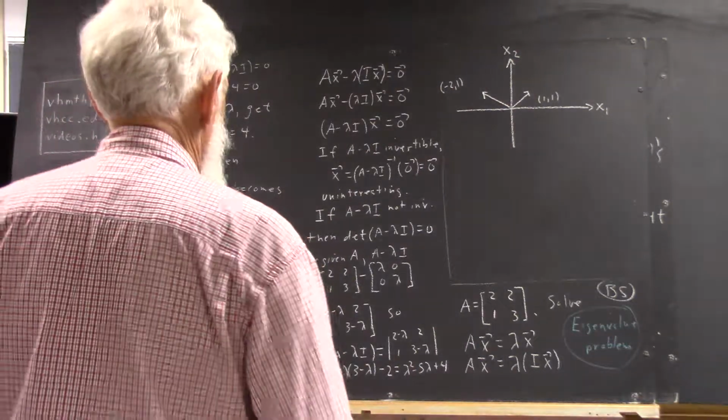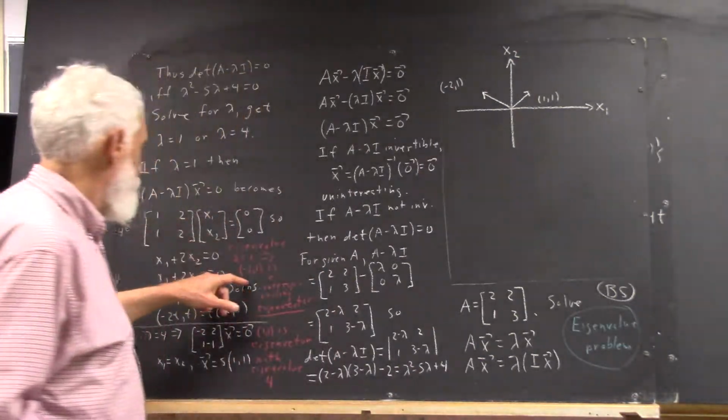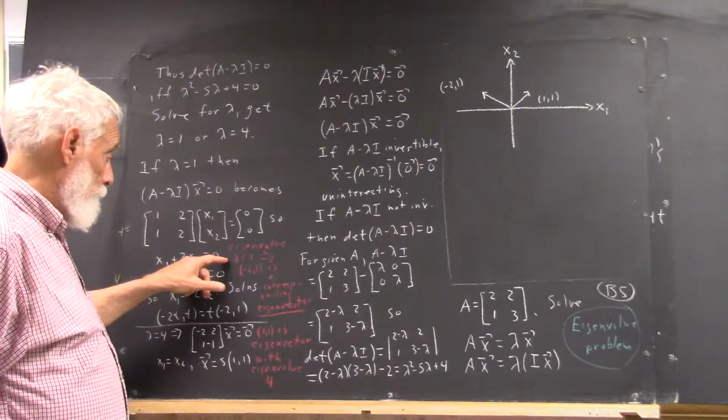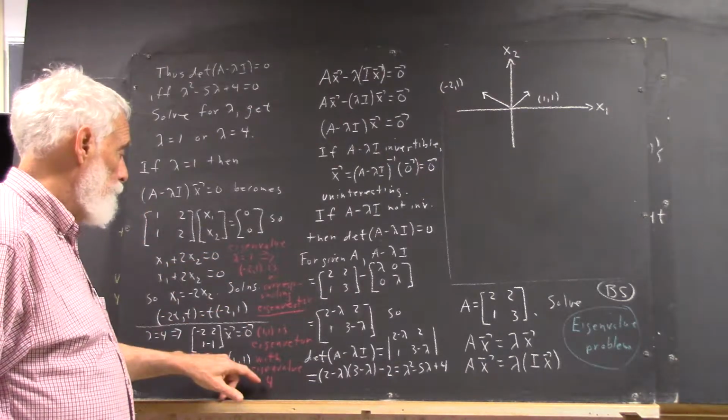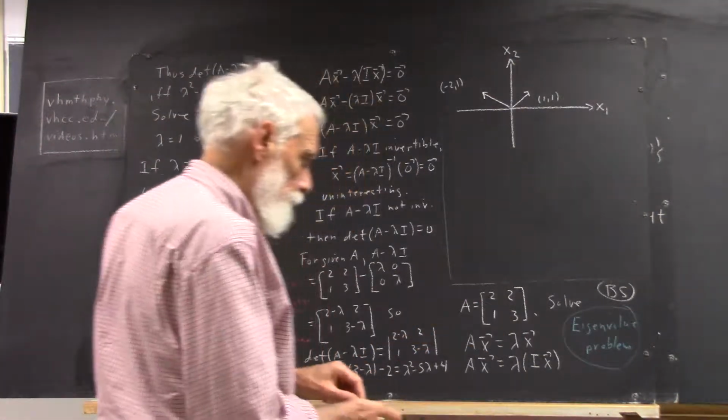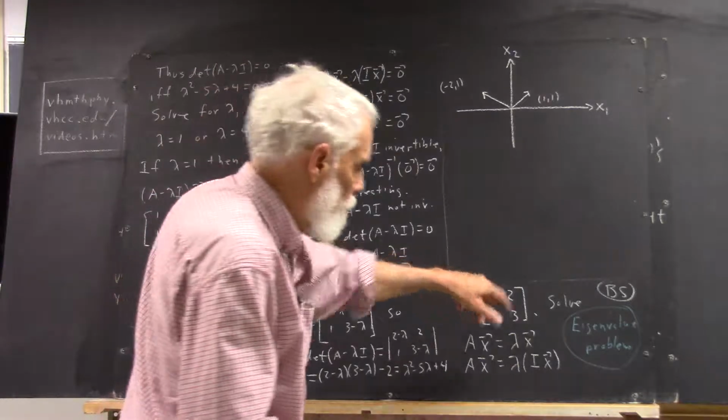Okay, we've found that (-2, 1) is an eigenvector with eigenvalue 1, and (1, 1) is an eigenvector with eigenvalue 4 for this matrix A = [[2, 2], [1, 3]].